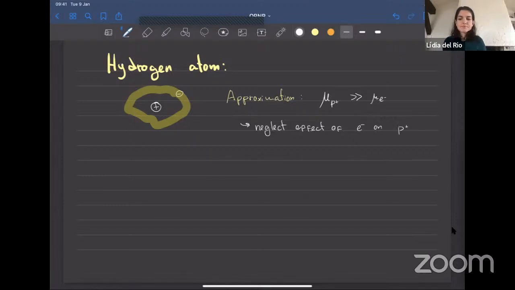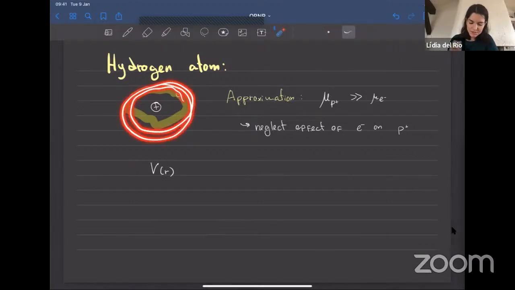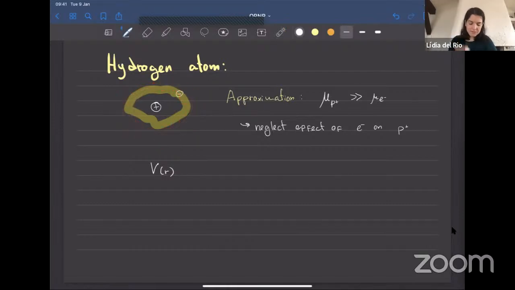But they have the same charge, so then we can compute the potential felt by the electron. So now when we're thinking of the atom, we're thinking just of the electron, right? This is our particle that we care about.